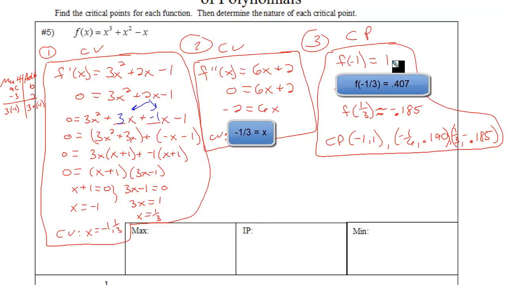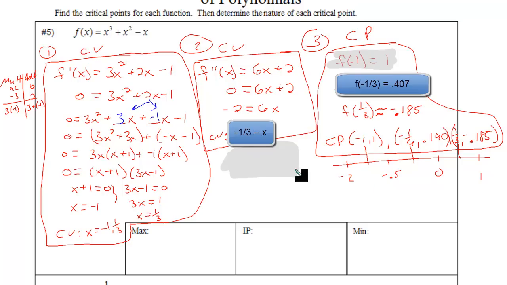We have to determine what kind of critical points these are. So comparing with this -1, 1, I need to pick test values to the left and to the right of that. So to the left of -1, like -2, between -1 and -1/6, like -0.5, between -1/6 and 1/3, this is 0 we could use, and here we could use 1.